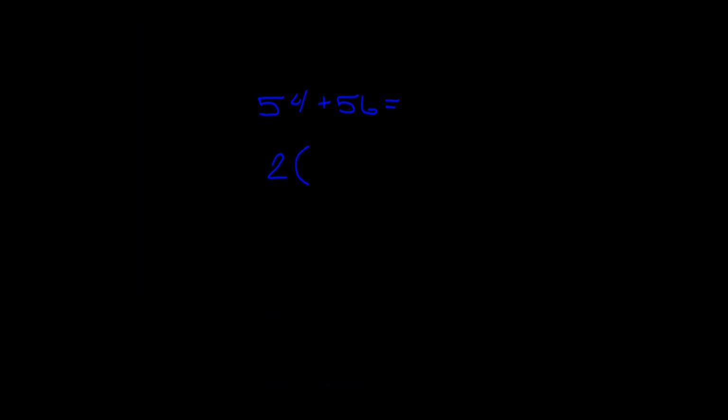And then parentheses, you want to put 2 times what equals 54. So 2 times 27 equals 54. Plus 2 times what equals 56. So that's going to be 28.